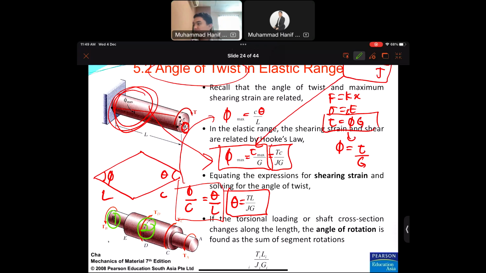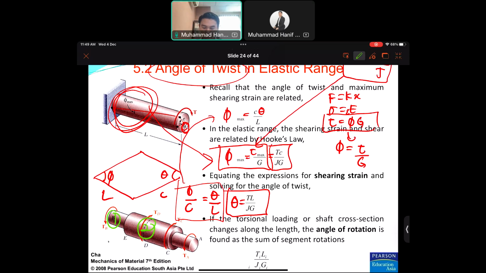So that's why we have this equation of theta: theta equal to the summation of TL over JG. In this example, we have T1 L1 over J1 G1, plus T2 L2 over J2 G2, plus T3 L3 over J3 G3. When you have different lengths and different cross sections, you cannot put it all together in one equation. You have to sum up every single part.